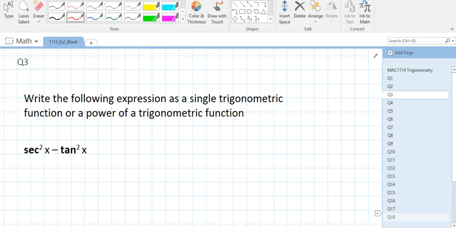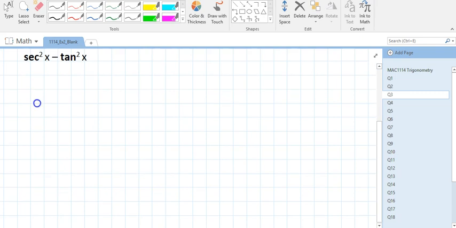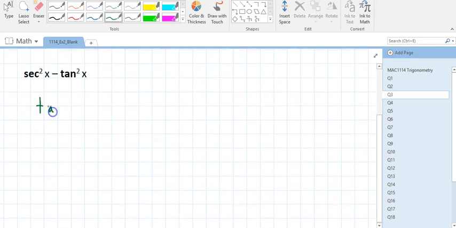There's an identity that deals with secant squared and tangent squared. Do you remember what that identity is? Tangent squared x, what? So how can I take this trig identity here and make it look like this information that's up there? Because it's really, really close to it.